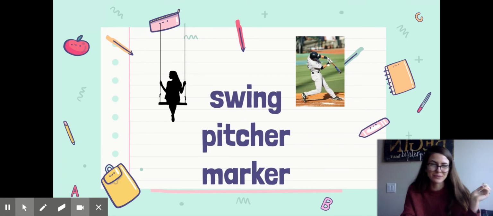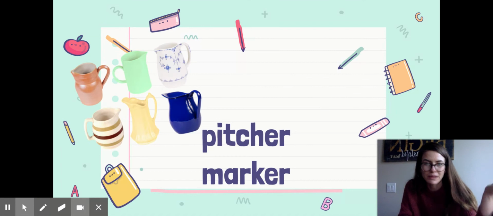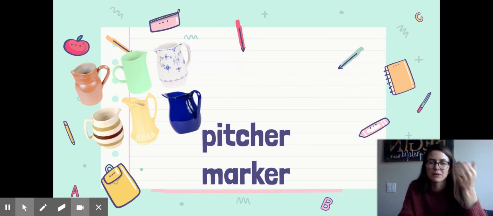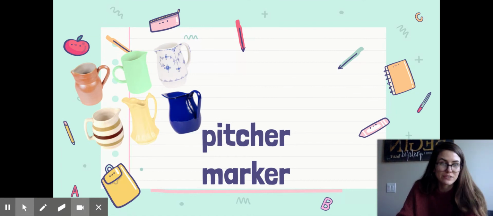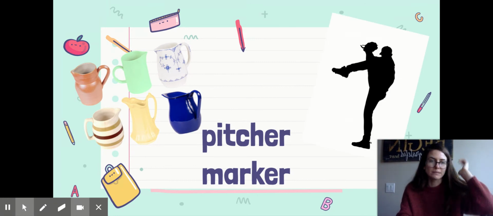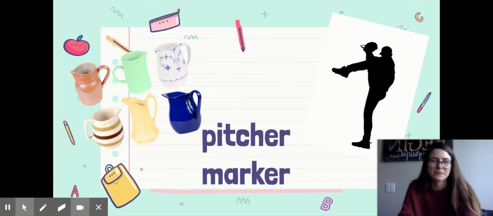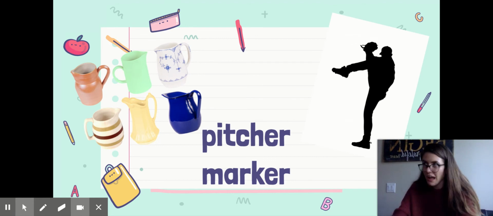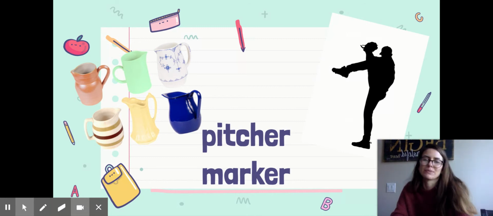That's swing being used as a verb there. Or a pitcher. A pitcher can be one of these beautiful serving containers used to serve a liquid, or it's someone who throws the ball, right? It's going to have different meanings. I wouldn't say, oh yeah, a pitcher, I have that for my water. You're like, it can throw a ball. It can't do that. That would be impossible.